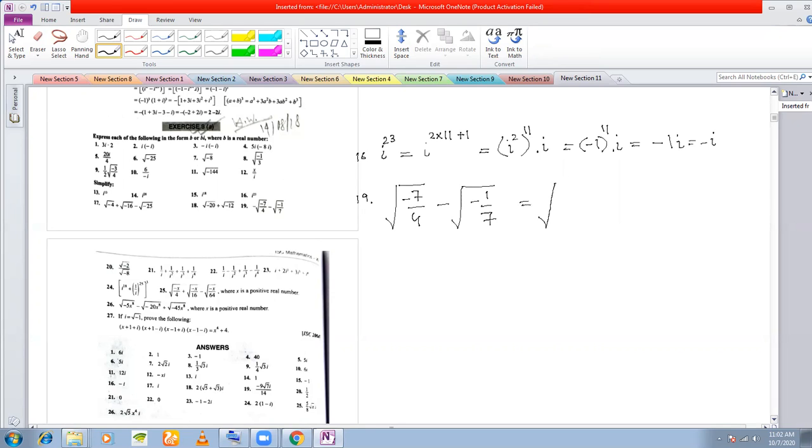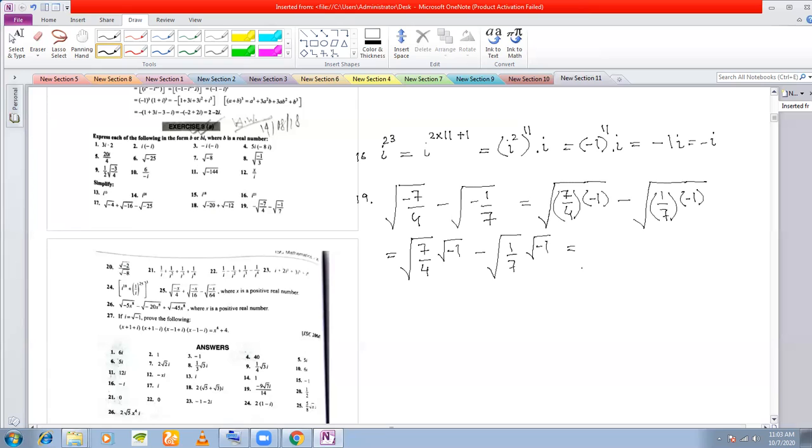You write minus 7 by 4 as 7 by 4 into minus 1, and you write minus 1 by 7 as 1 by 7 into minus 1. Now you can separate this. You can write this as root 7 by 4 into root minus 1 minus root 1 by 7 into root minus 1. And you know root minus 1 is iota.